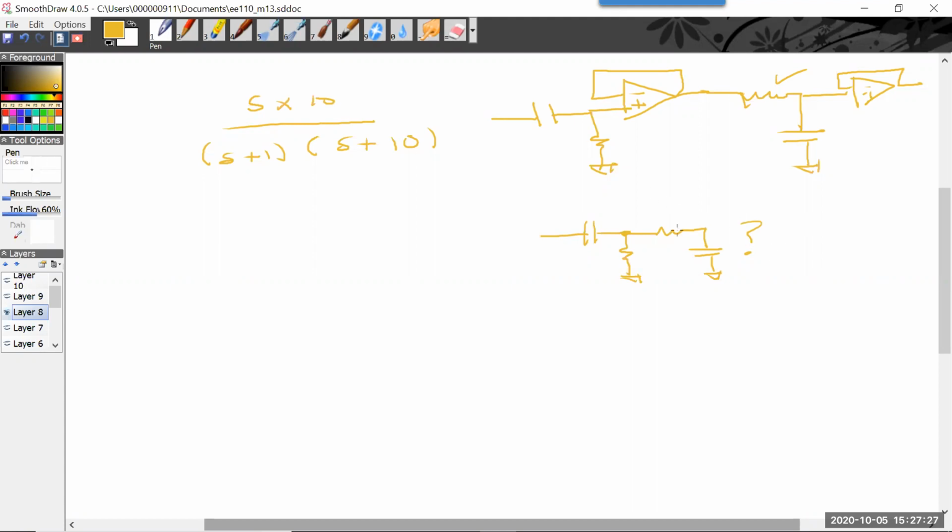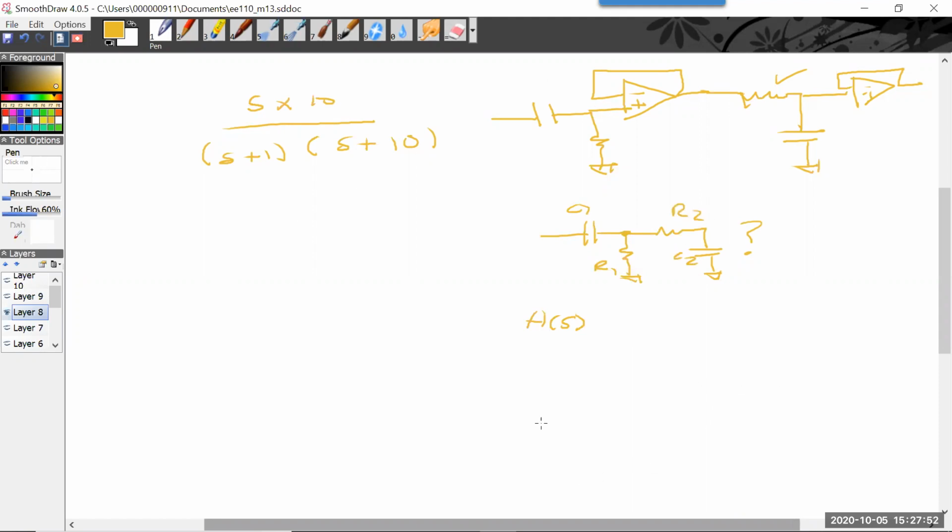But no, in fact, you can make a filter with these configurations. But what happens is H of S is, let's just call this C1, R1, R2, C2.